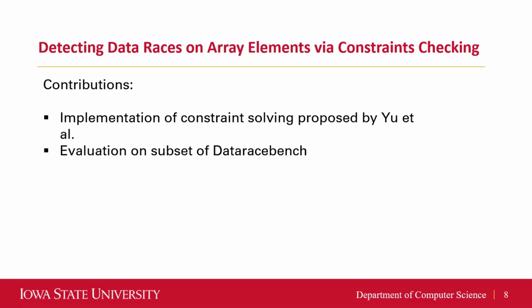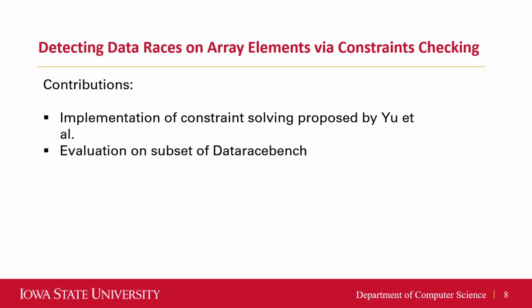And in case you're wondering why it's a subset, this work is relatively incomplete in the sense that it doesn't really support all the constructs and directives in OpenMP. So we have to use a subset of DataRaceBench.